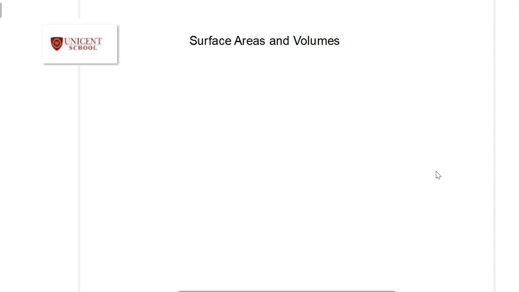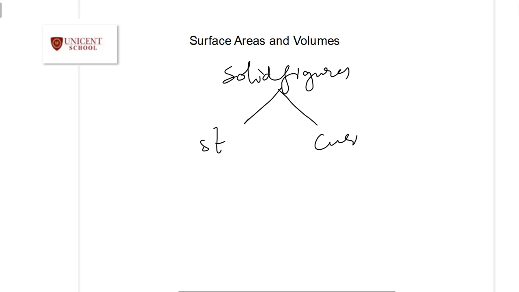So first, let us know the solid figures are divided based on their edges. They have straight edges and curved edges.